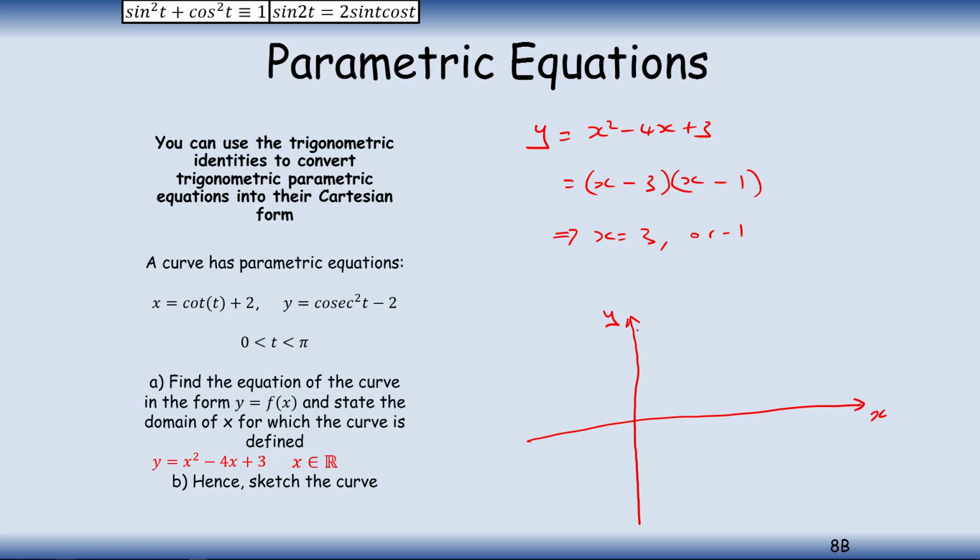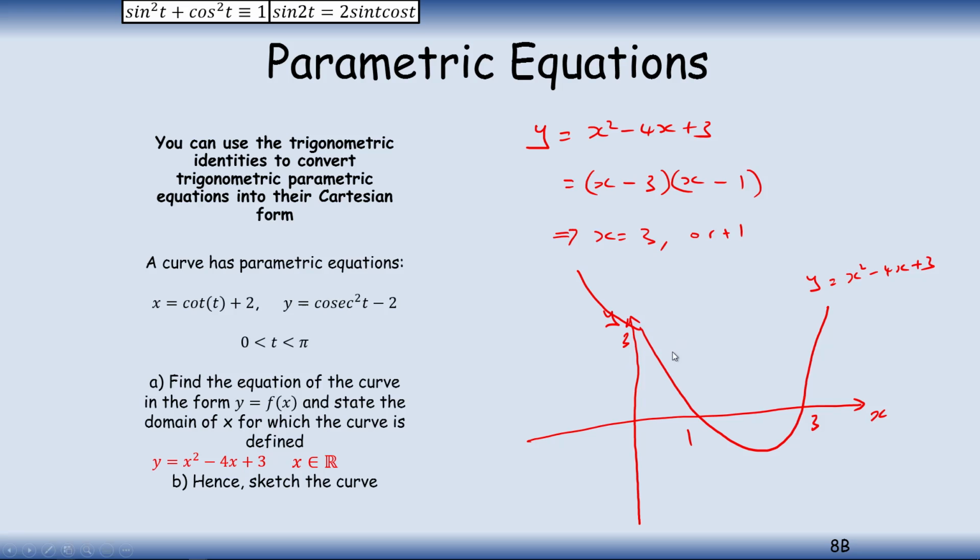It's a happy curve. It intersects with the x-axis, we know that, at 1 and 3, and it intersects with the y-axis at 3.